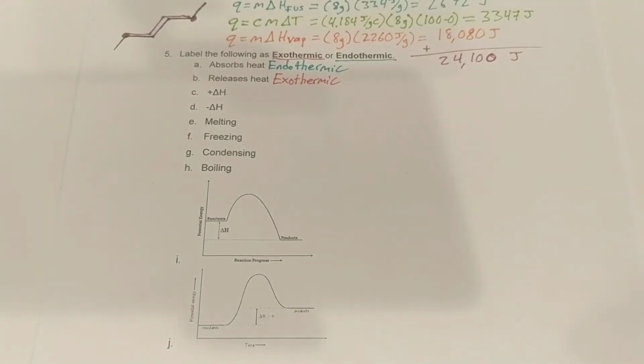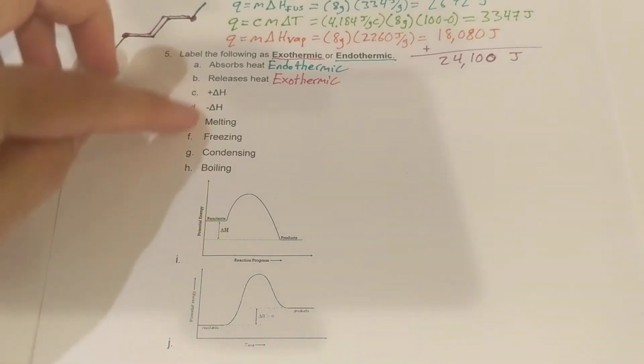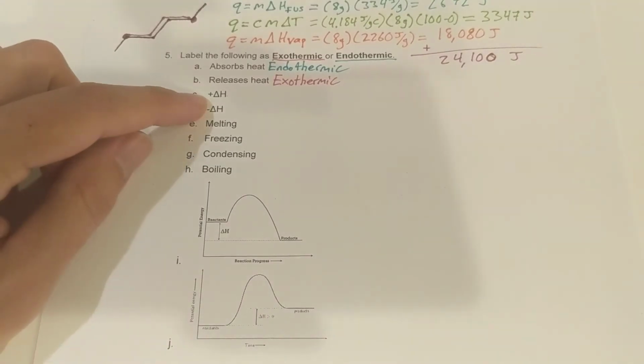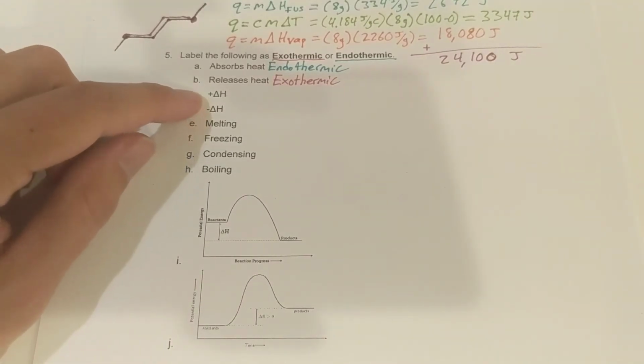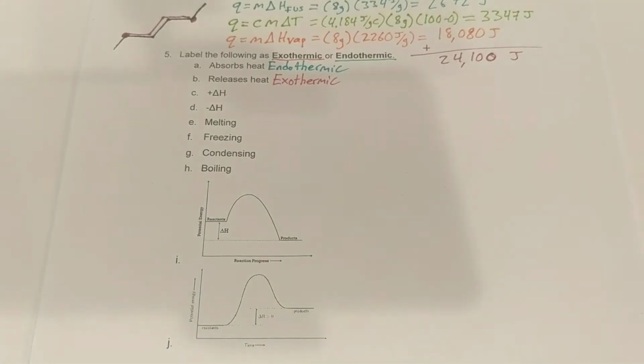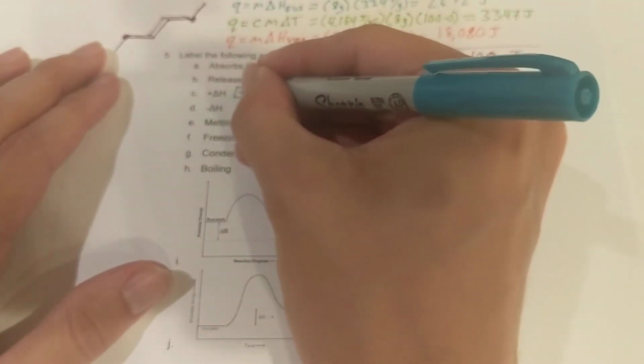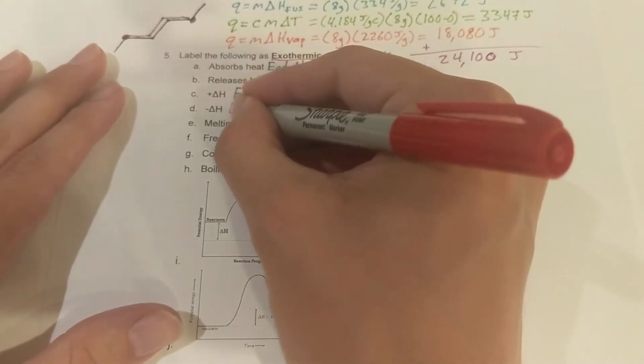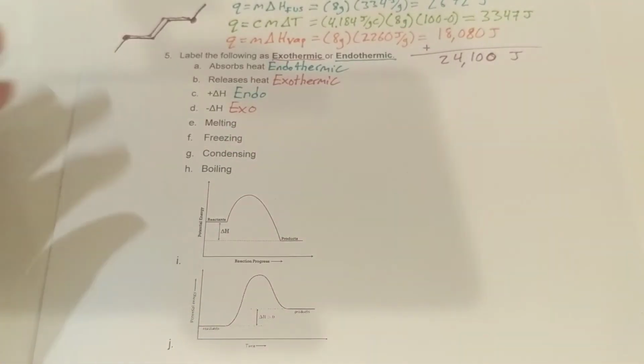But we can use those definitions to help us with all the rest of these. So if our entropy is increasing, that means we're absorbing energy. So that one would be endo. And if we're losing entropy, our change of entropy is negative, we're losing heat, that'll be exothermic.